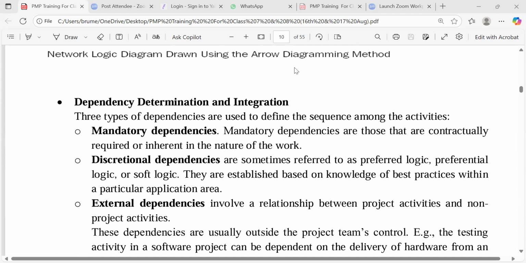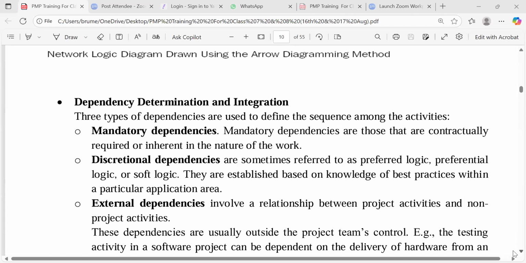Soft logic, or preferential logic, or preferred logic. They are based on best practices within a particular application area. You just know that you are using your discretion to change the orientation of the dependencies. There are times like that because of experience.